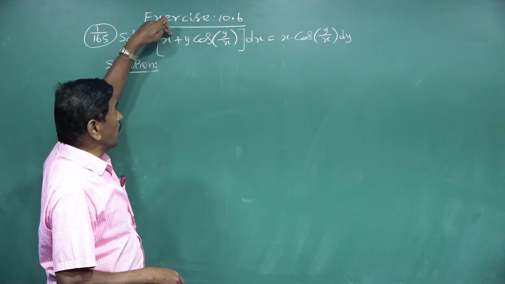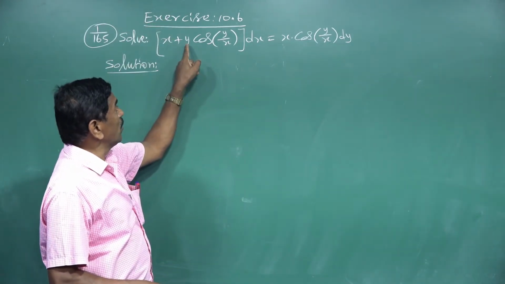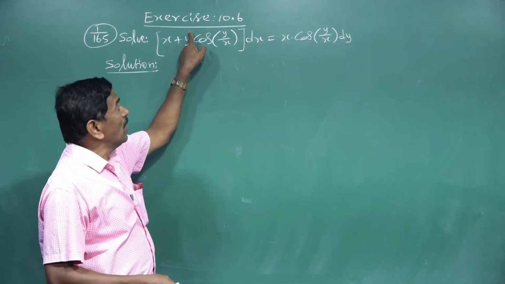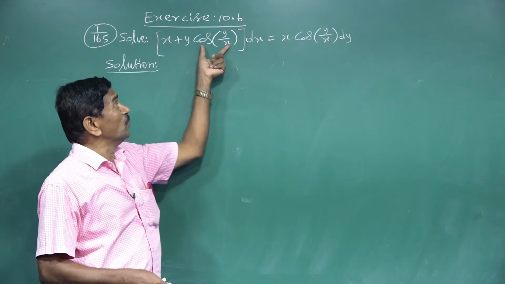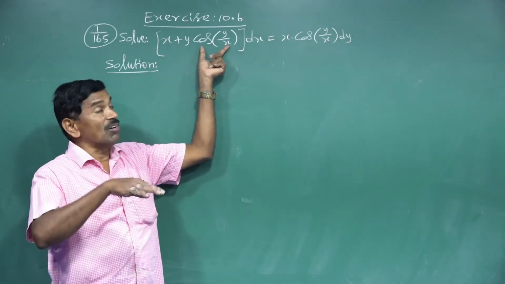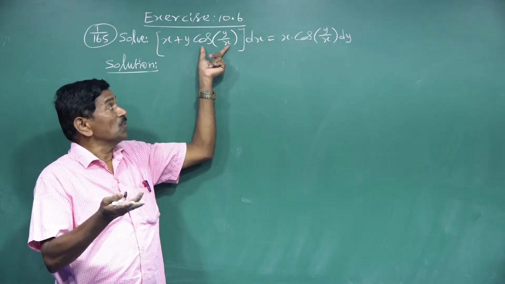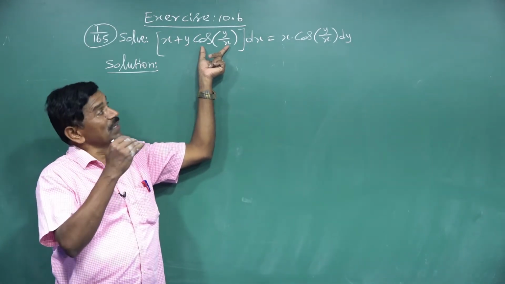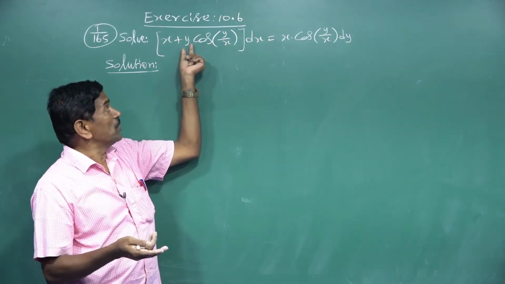The second term is y, which is y power 1. So first term power 1, second term power 1, and there is no need to verify the powers inside cos, sin, log, or sine inverse. It is enough to verify outside only.